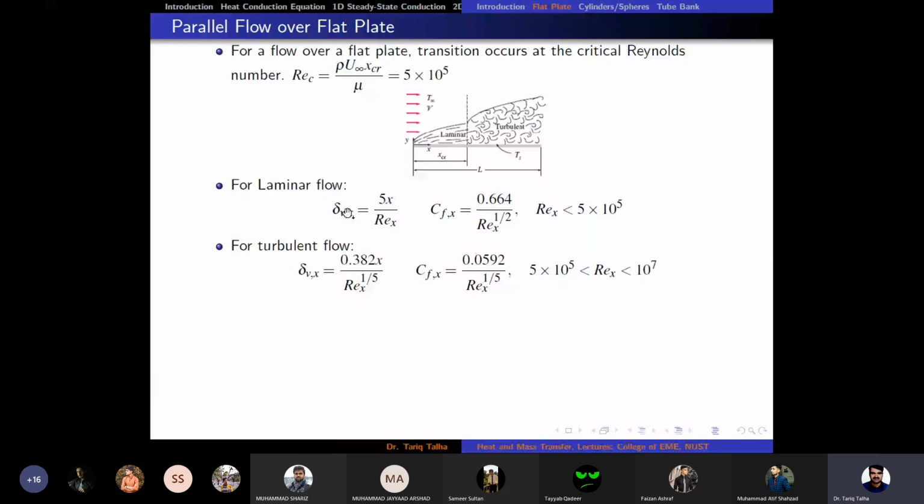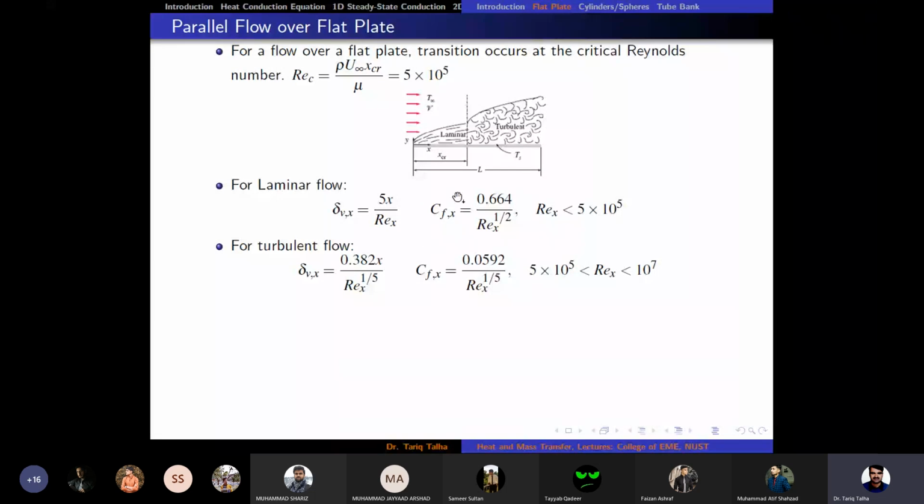So for turbulent flow, if you see this relation, 0.382x divided by Reynolds number raised to the power 0.2, that is an empirical correlation which has been obtained from experiment. Similarly for C_f, this is also an empirical correlation obtained by doing experiments. Here, C_f,x is a local friction coefficient which depends upon the x location.